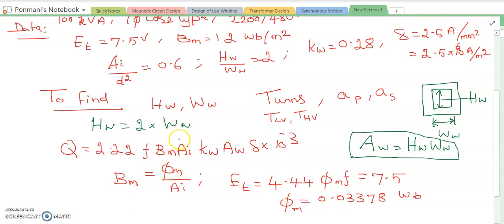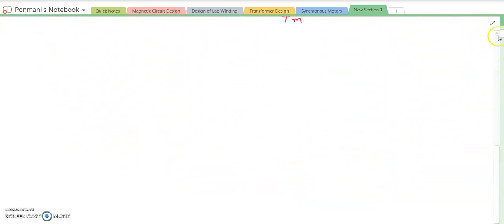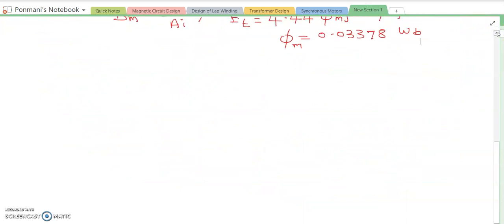So this phi m is calculated. Once you know phi m, and flux density is also given, you can calculate AI. AI is equal to phi m by Bm, and so we are substituting the values.